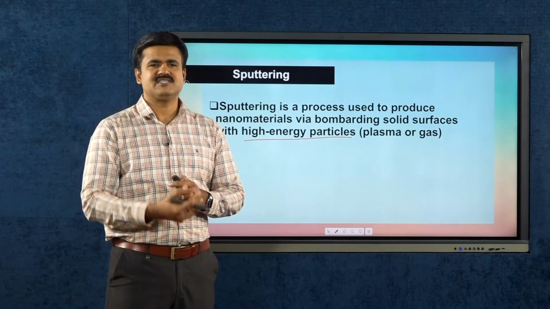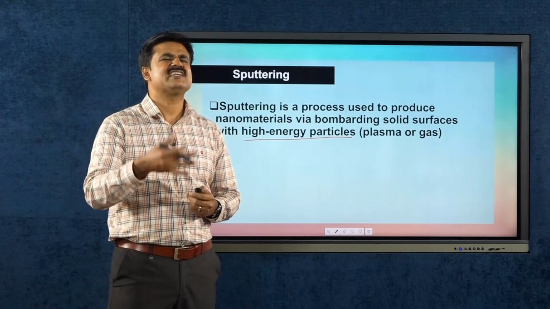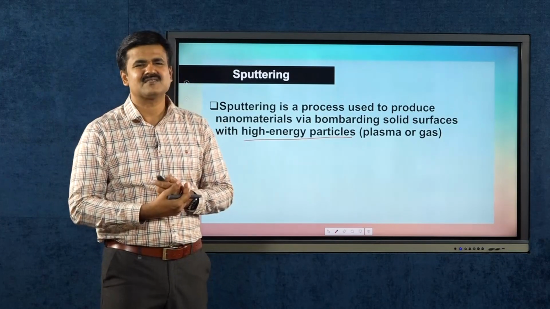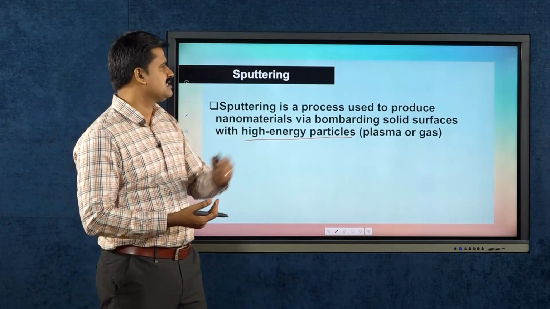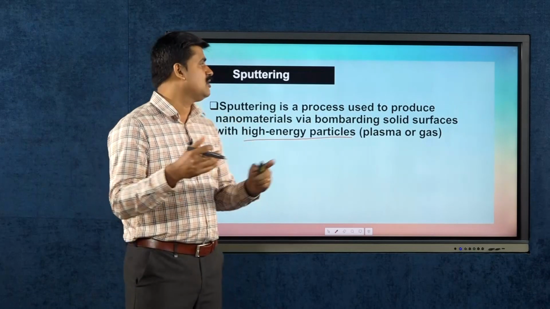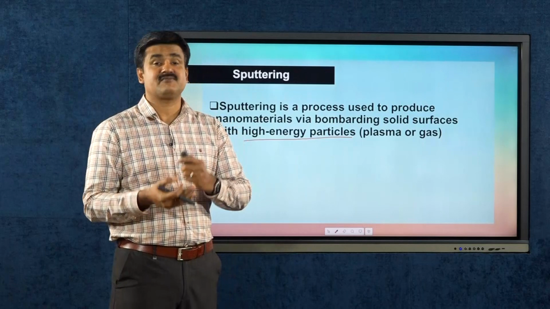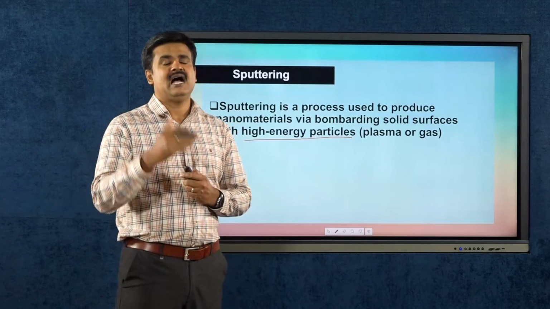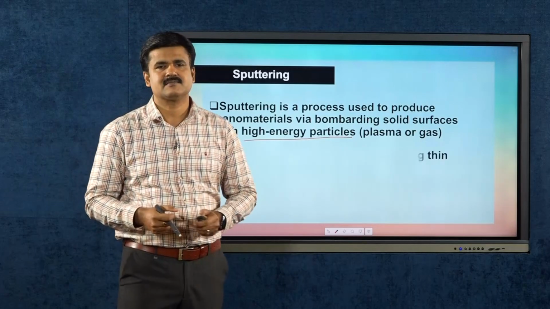I am just mentioning the principles of the sputtering procedure, not much detail is required. The starting material is a solid, and that solid surface is bombarded with high energy particles.